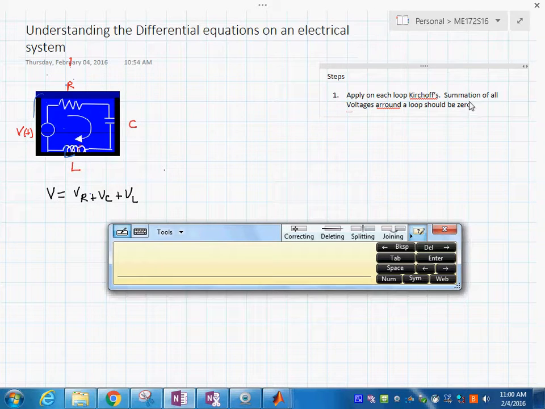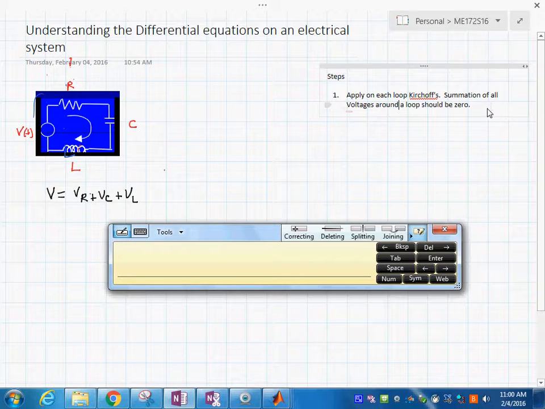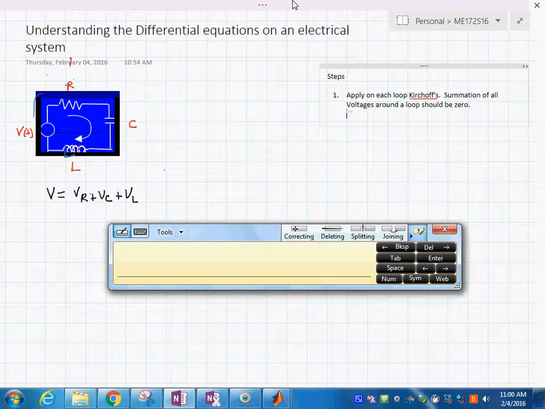That's the idea. Which is the same thing as saying the source equals the summation of all the other voltage drops.